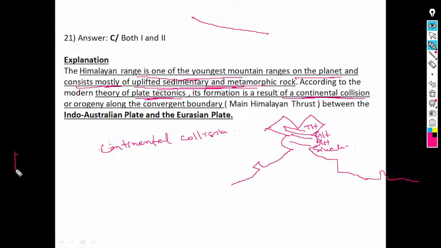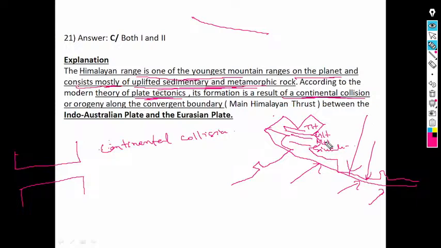Collision means one plate is colliding with another plate. This is the Indo-Australian plate, colliding with the Eurasian plate. So that is the formation of the Himalayas.